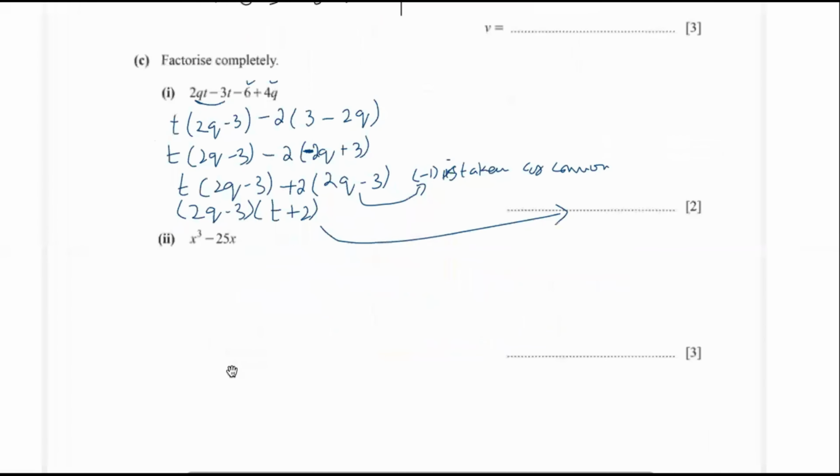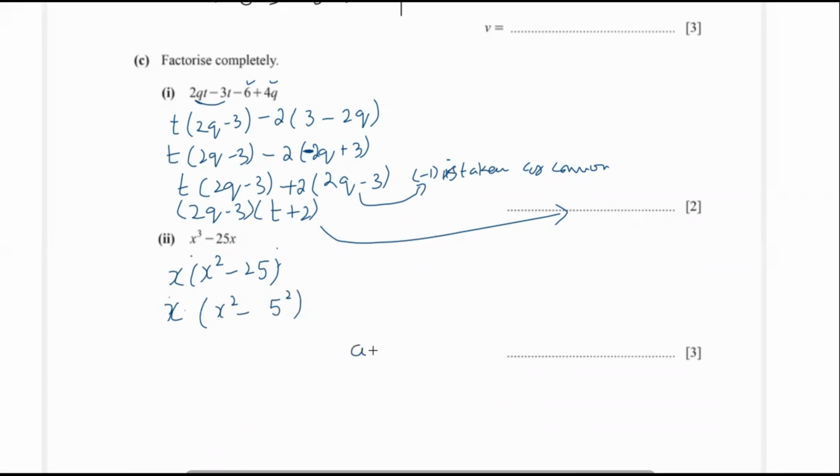Next is x cube minus 25x. Now you see here, x we can take as a common. Now x is taken as a common, that becomes x square minus 25, and that can be written as x square minus 5 square.